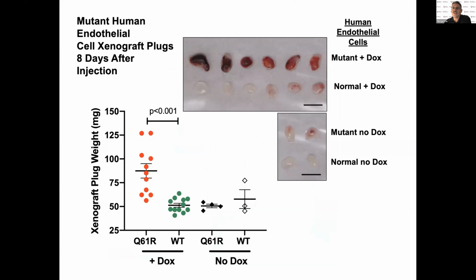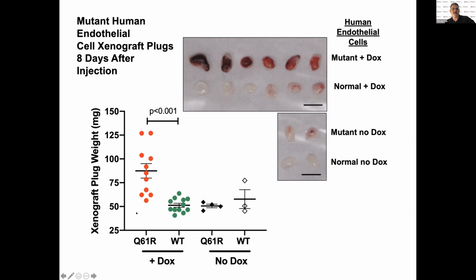So that then turns on the mutant gene. And you can see these plugs are very bloody. They have lots of blood in them, and they're bigger generally compared to the plugs below here, which are mostly clear. They have some blood vessels in them for sure, but clearly not as much as the plugs that have the mutant cells injected.